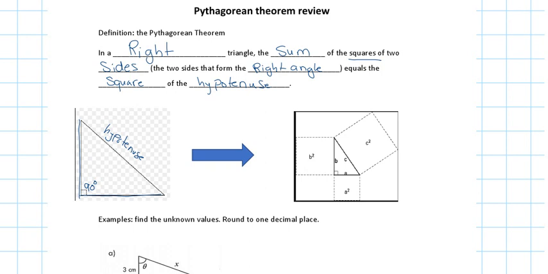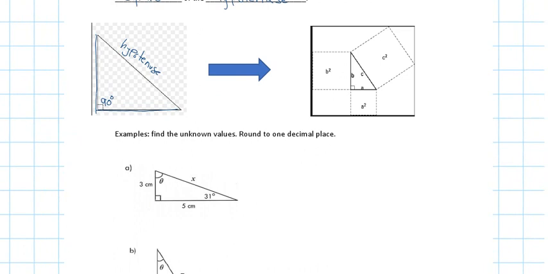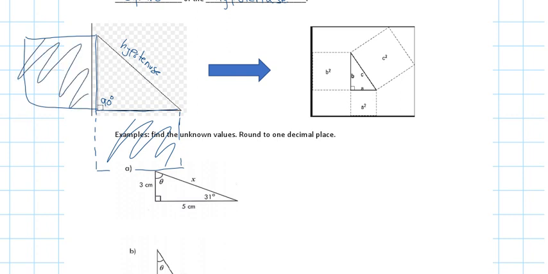So Pythagoras came up with this theorem that if you form a square right here using this side, the area of this square plus the area of this square, if you add both of these areas together, is going to equal the area of this square.